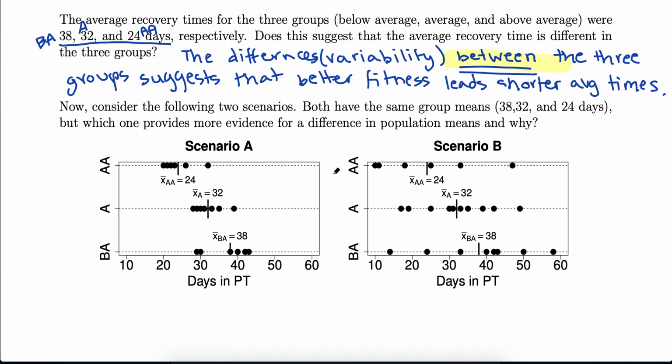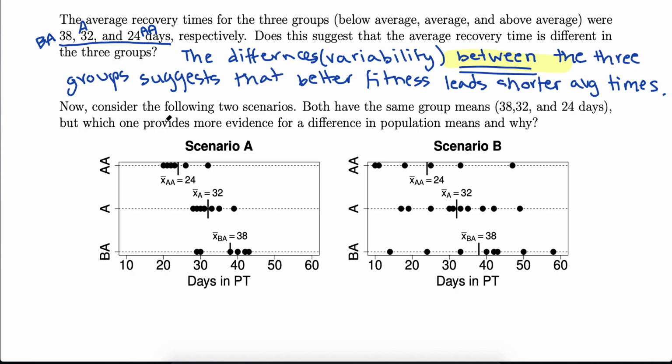On both of these, the axes are the same, and the group mean is represented on each. Here's our above average at 24, average at 32, below average at 38. And the same group averages on scenario B.